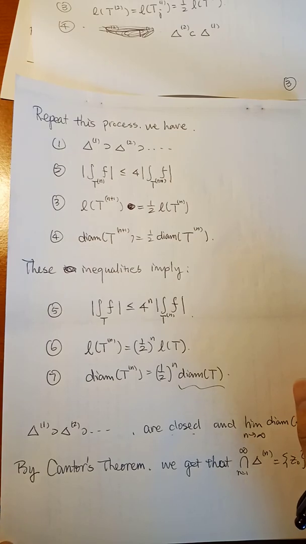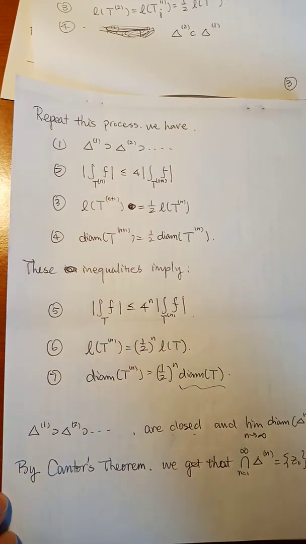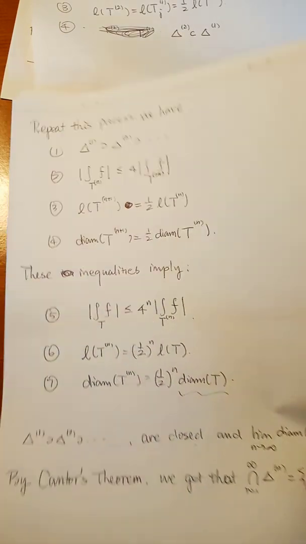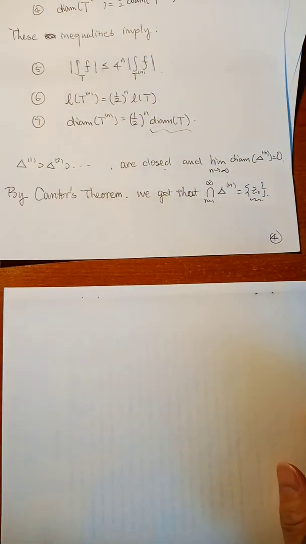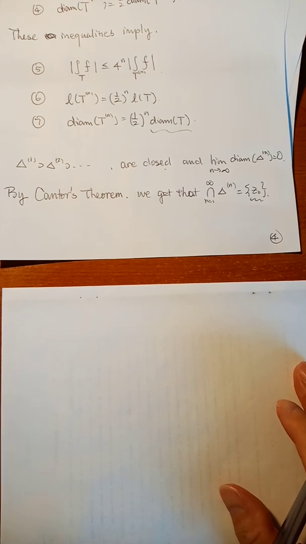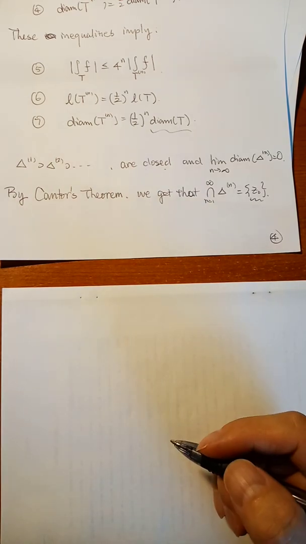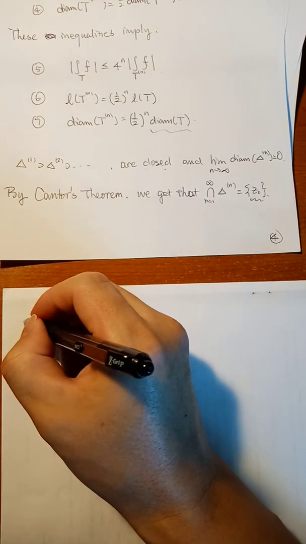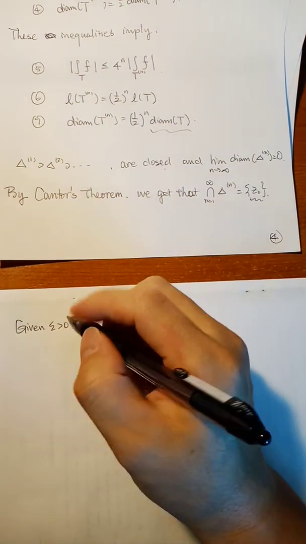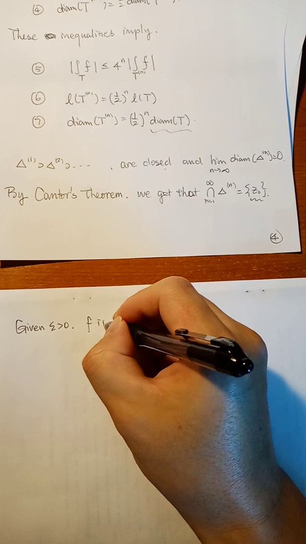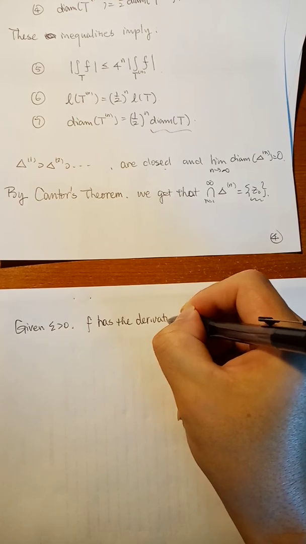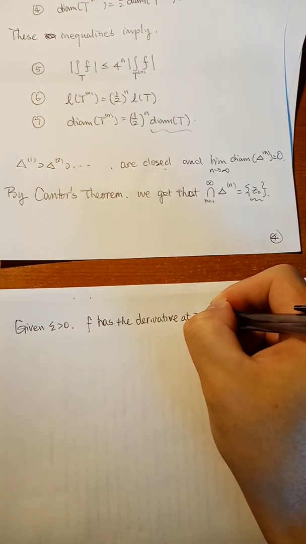Now we focus on that point, this z0. Remember, so far we only use the integral. We don't apply the differentiability. So given epsilon greater than 0, f is differentiable, has a derivative at z0.